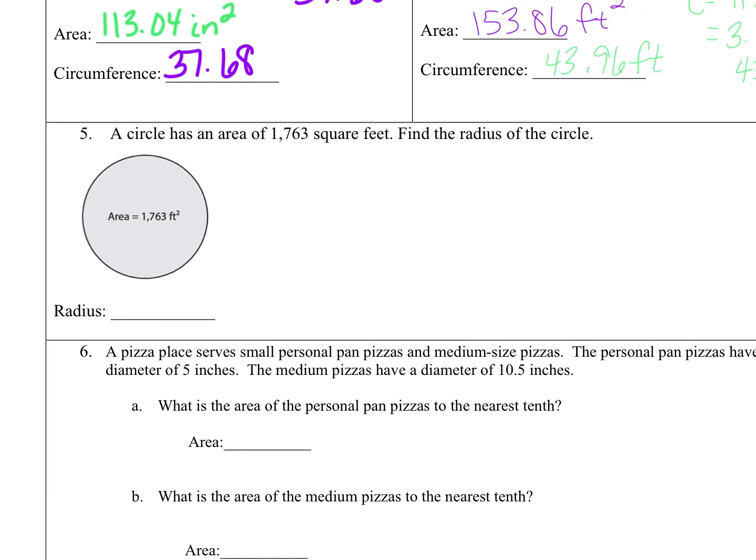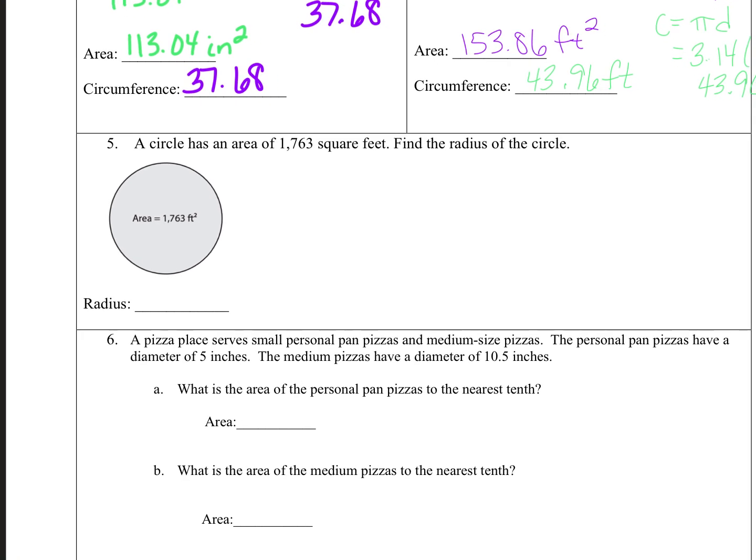Here we have a circle, and it gives us the area, and we're finding the radius. We have area equals pi r squared. They gave us the area this time instead of the radius. So we write in what we know.